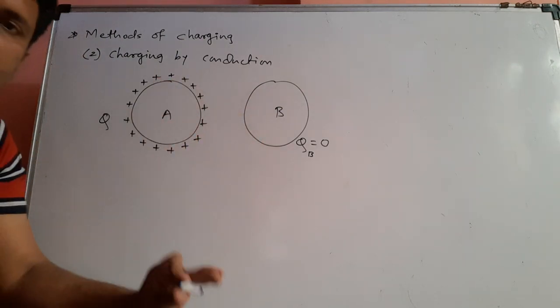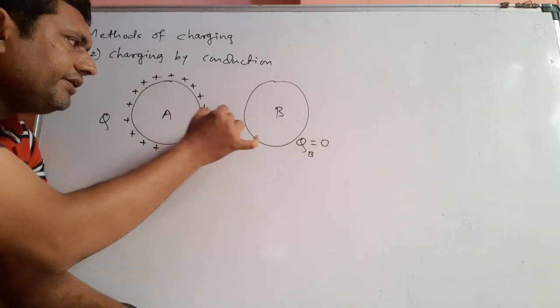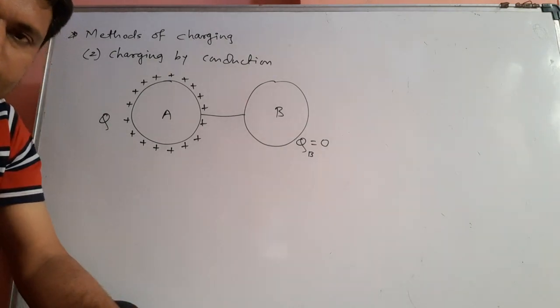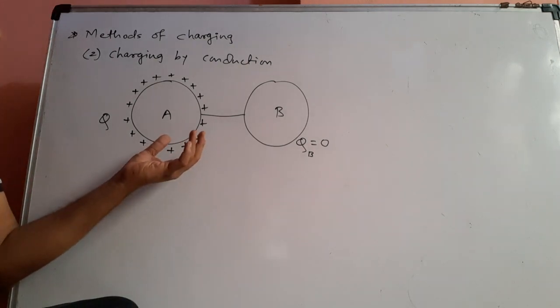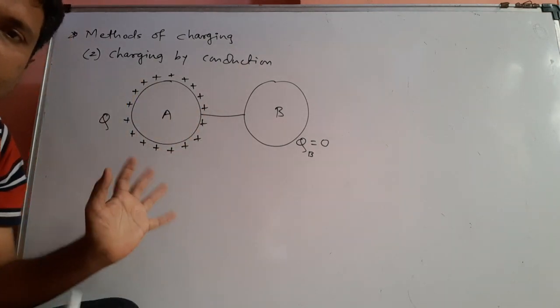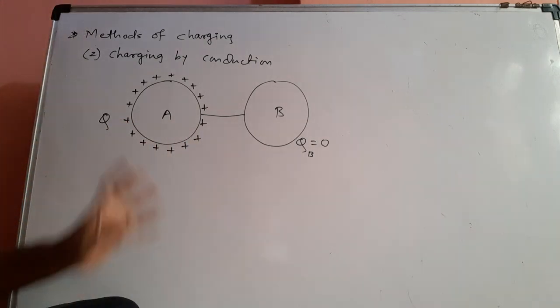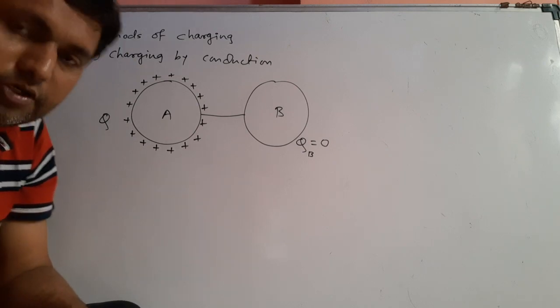Now if we bring them in contact, we can bring them in direct contact, or we can connect them with a conducting wire. So A and B are two different bodies. We are bringing them in contact by connecting the wire, or directly, so we can charge this uncharged body by using this positively charged body.